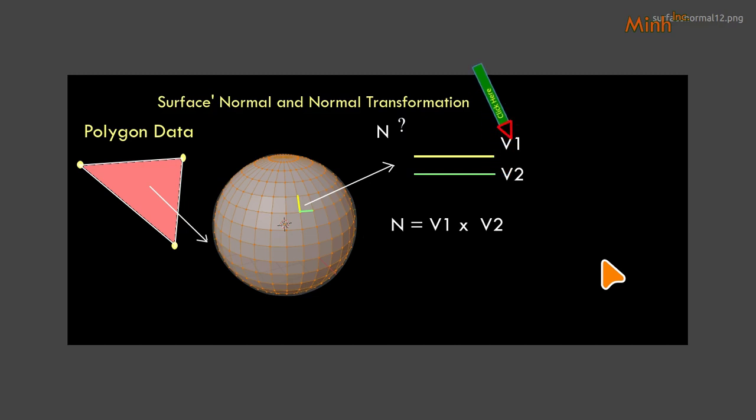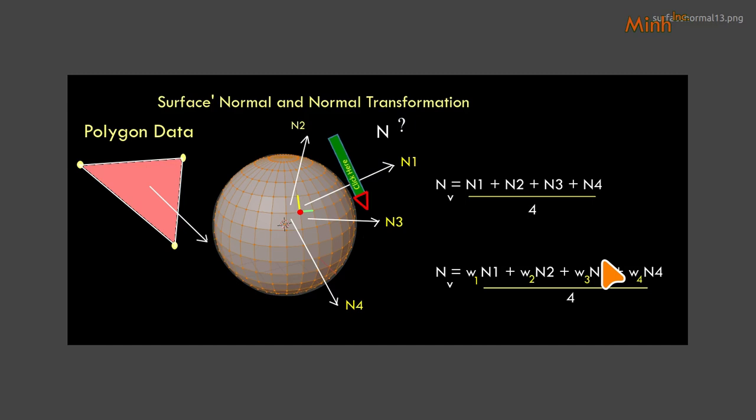And if I get V1 and V2, then we calculate the normal by crossing them. Like that we get the normal of all the facets. Now rather than going with the facets, we go with the points, and each point's normal we calculate by averaging the neighboring facets' normals.